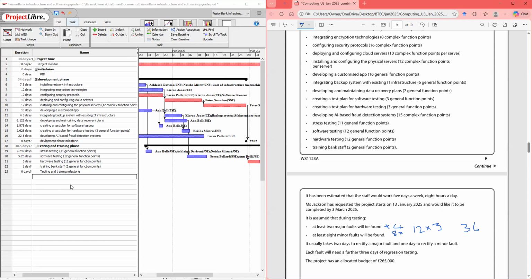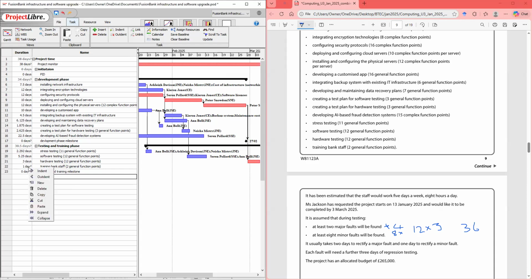So we need to put our regression testing down here, somewhere off here, below the hardware and software. So we're going to put regression testing there.